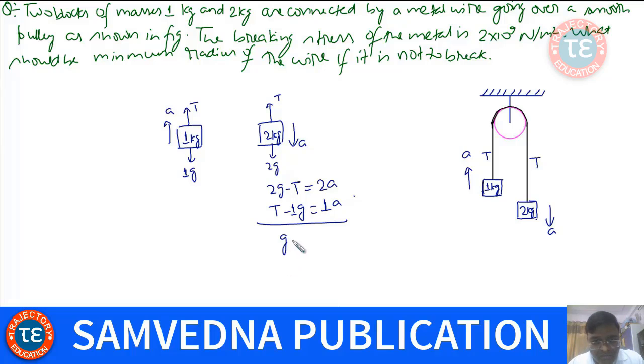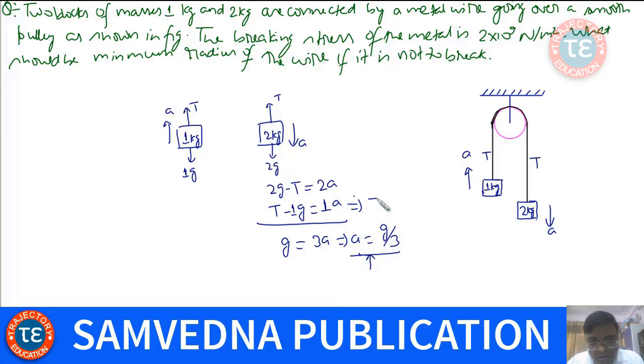So we get from here g equals 3A. So A is g by 3. Acceleration is g by 3.